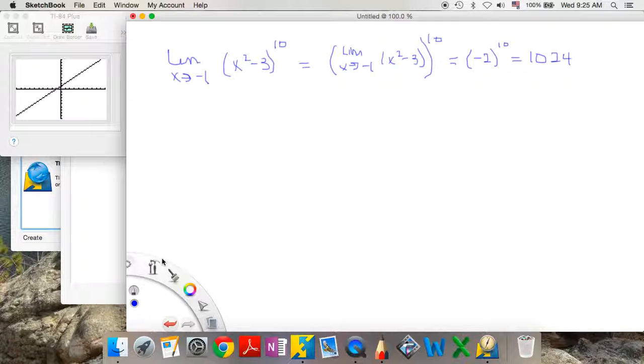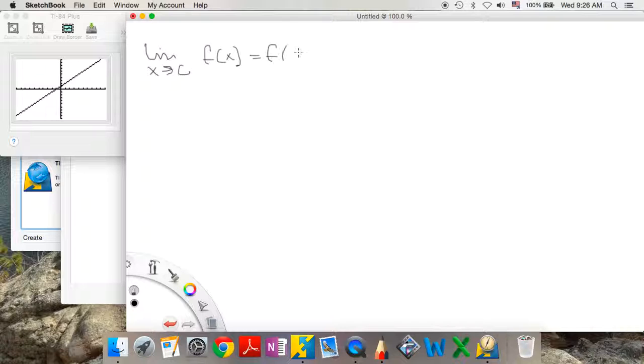Now, the other thing that we need to look at is on page 59, the polynomials. We've already seen that we can just plug things in for the polynomials, but this theorem just states it explicitly. If you have the limit as x goes to some number c of a polynomial, then it's just going to be fill it in. This is what we just did. Now for a rational function, you can also do this because remember, a rational function, you have polynomials on the top and the bottom a lot of the time.